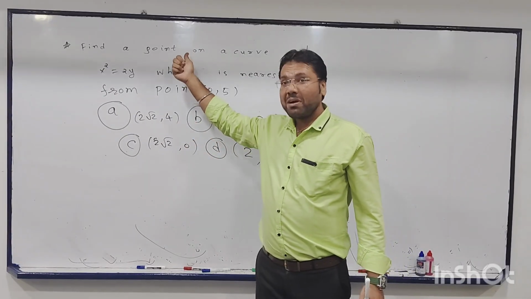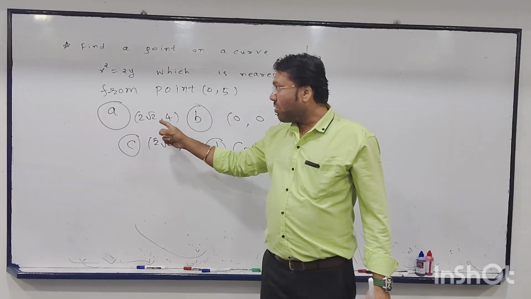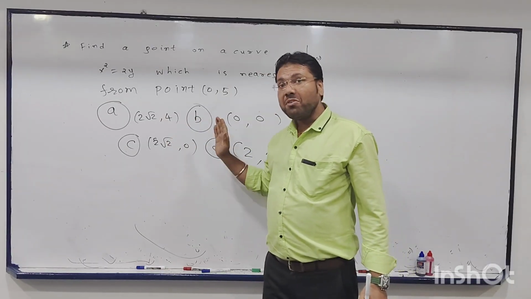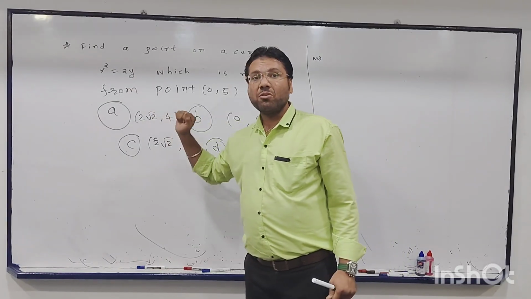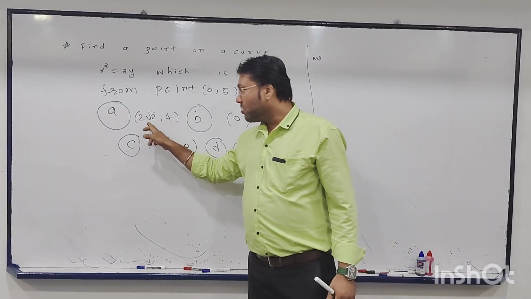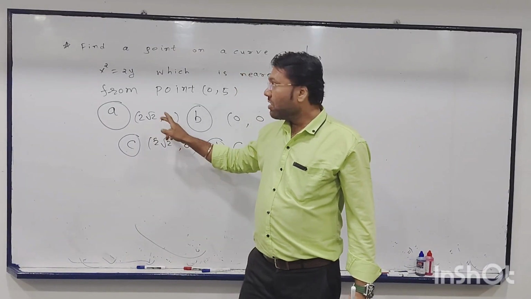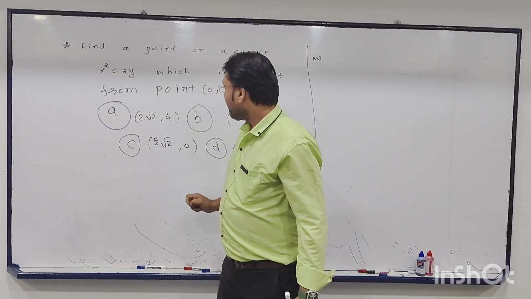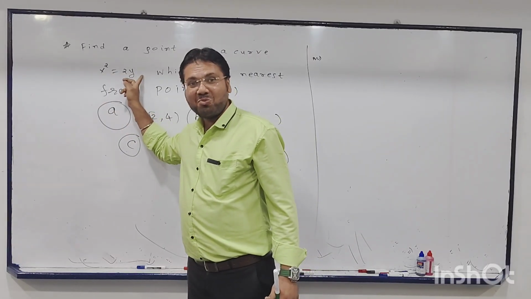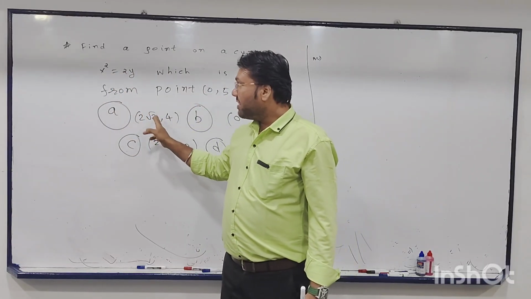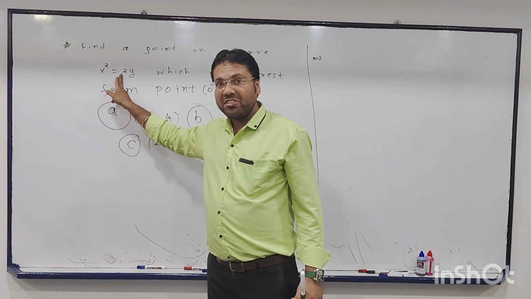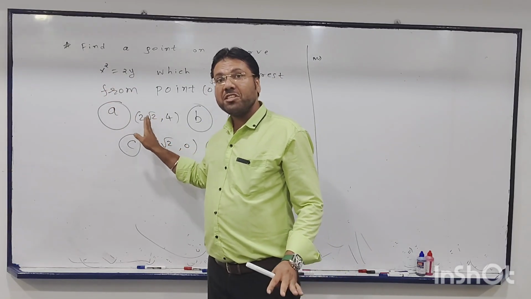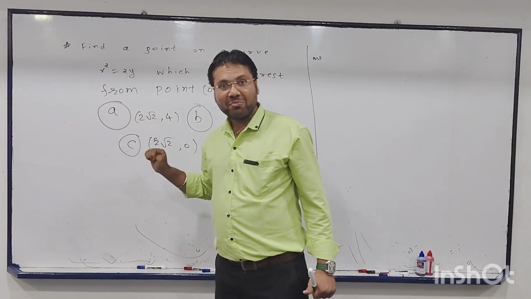First of all, by the question, check out of these 4 options which point lies on the curve. For example, (2 root 2, 4). So first put x equal to 2 root 2 and y equal to 4 in the equation. If it satisfies the given equation, then maybe this option is possible as an answer.